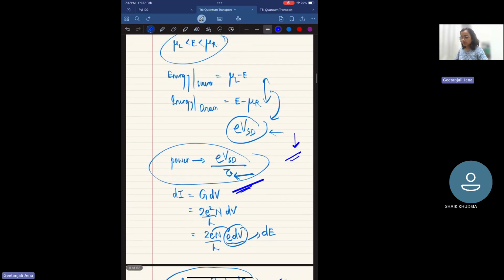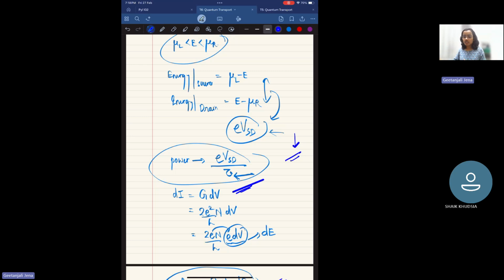In this part, what we are trying to calculate is the power dissipated when the electrons travel from the source side to the drain side, because we are seeing finite resistance, right? If there is a finite resistance, then there should be an expression for it.